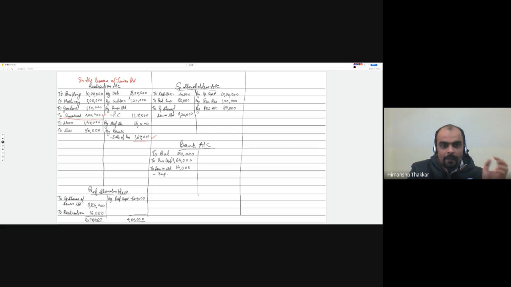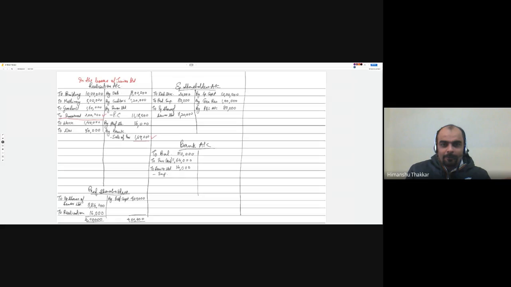Okay, let me explain again. You prepare a separate investment account, you write the opening balance 2 lakh, and then sell that investment for 1 lakh 64. So obviously you are going to incur a loss. That loss will be transferred to realization, by realization 36,000, on the debit side.